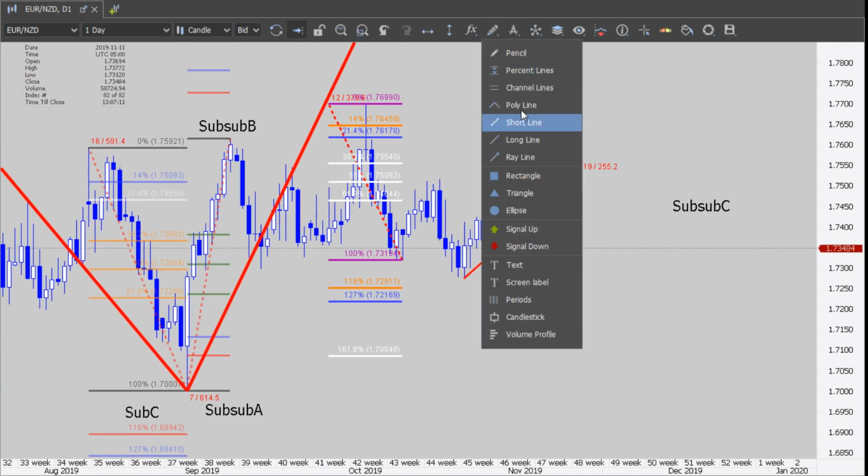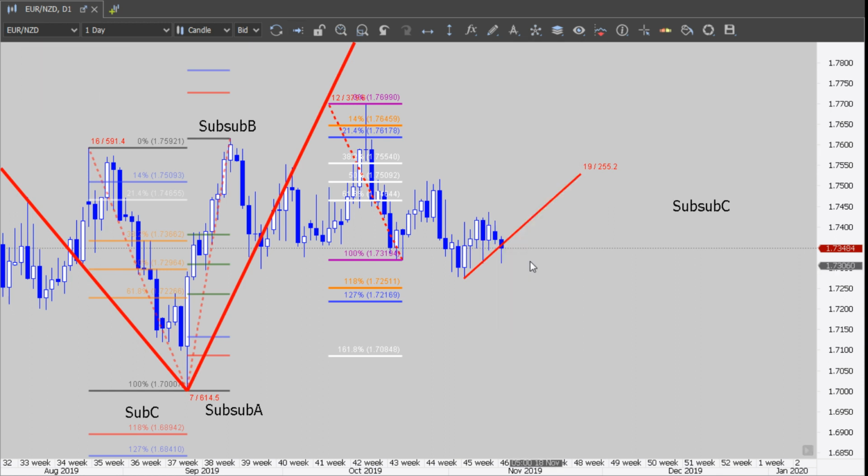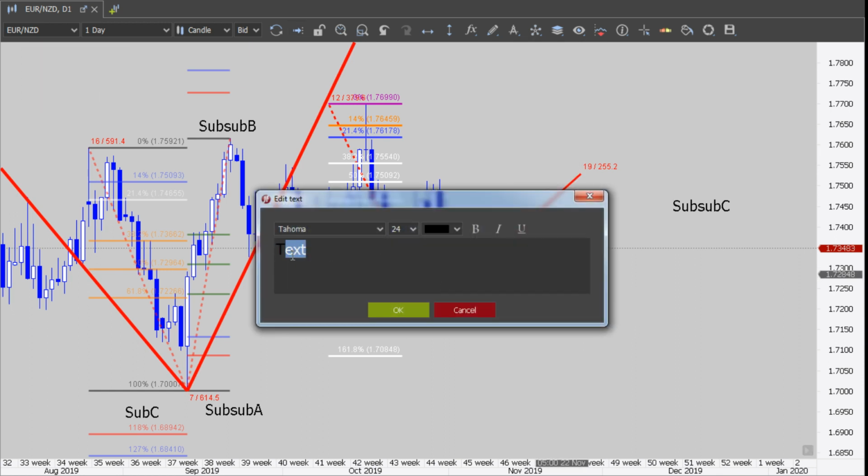Okay, and this is the plan. Enter short at CTB, counter trend break.